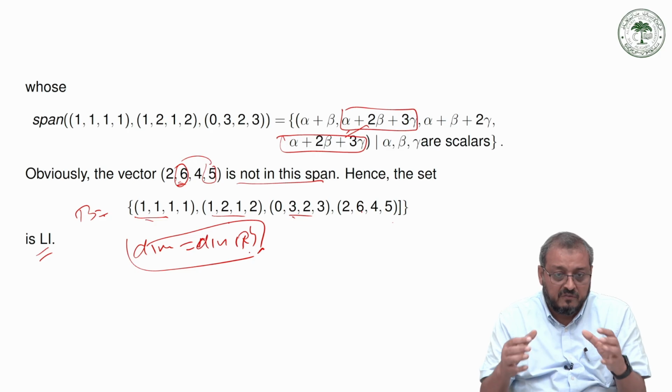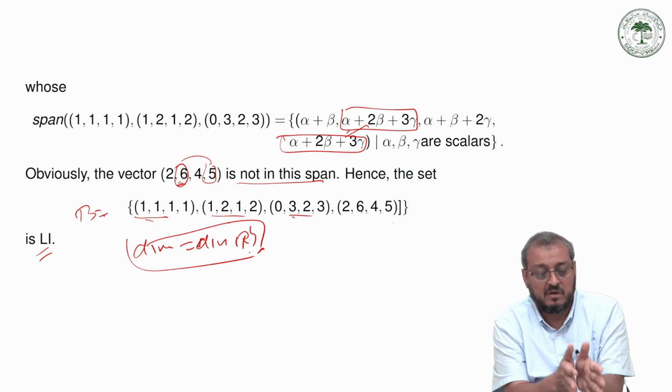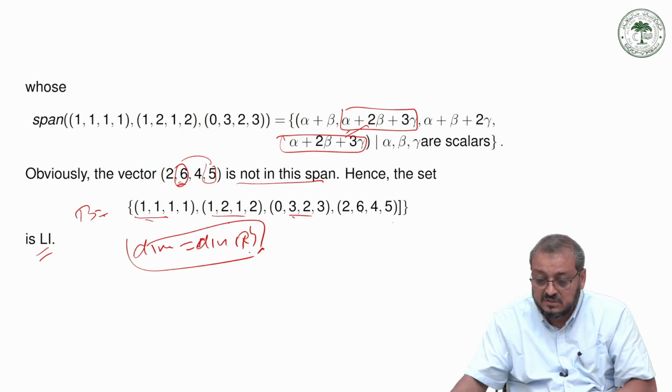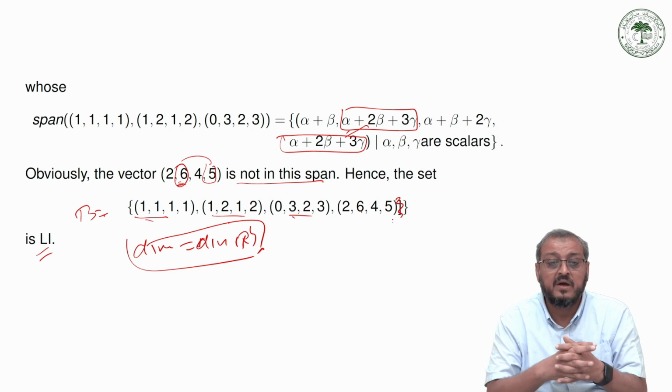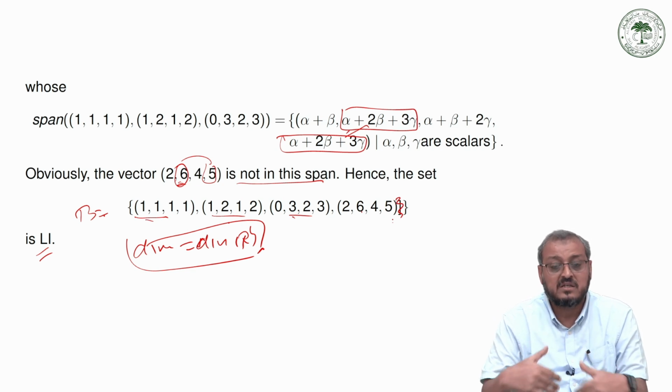If we find such an element, we add it to the linearly independent set, and the new set of vectors is again linearly independent. In this way we can extend to a basis of the given space.